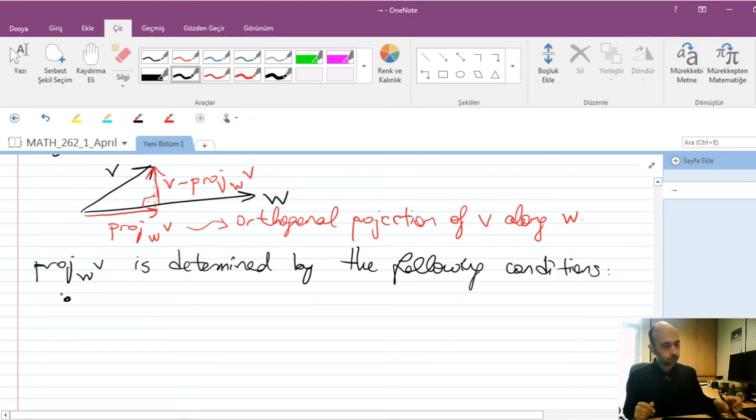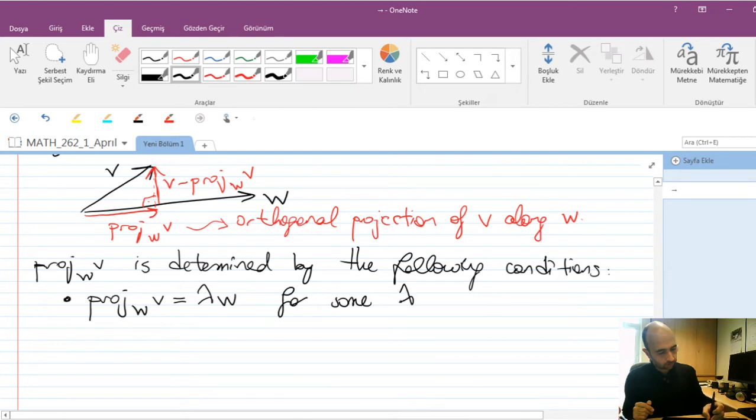Okay, first of all, it should be along W, which means it should be a scalar multiple of W. So proj_W V is equal to lambda times W for some real number lambda.